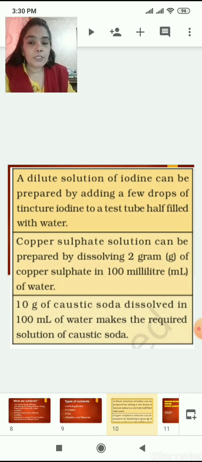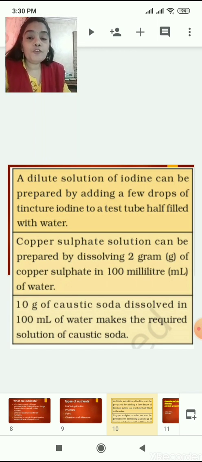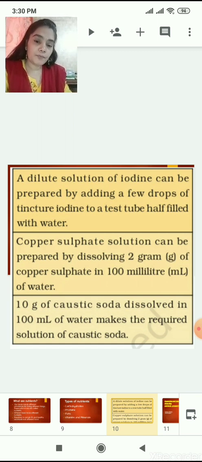Look at the slide, children, a dilute solution of iodine. It can be prepared by adding a few drops of tincture iodine to a test tube half filled with water. Shake well, and it will become a dilute solution of iodine, which we require.